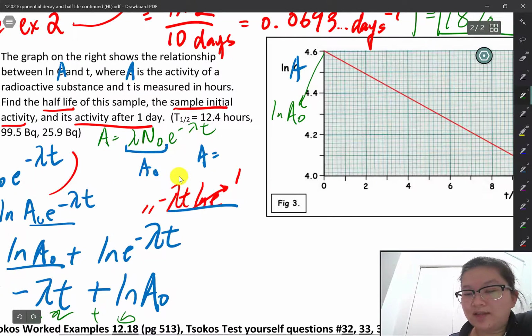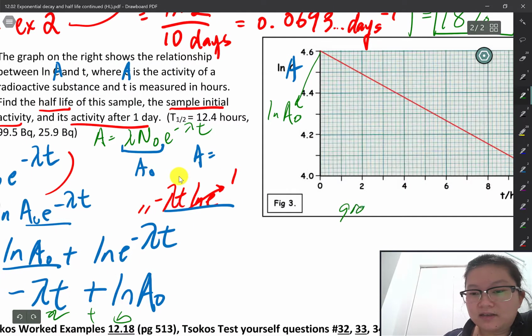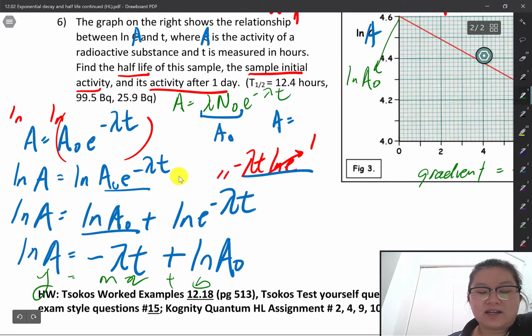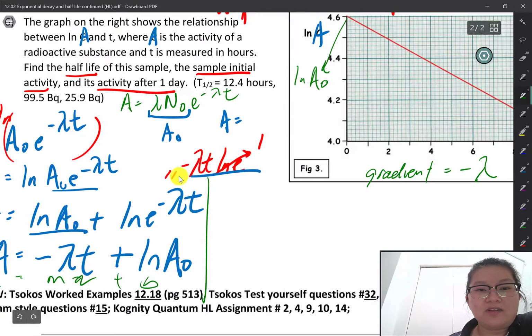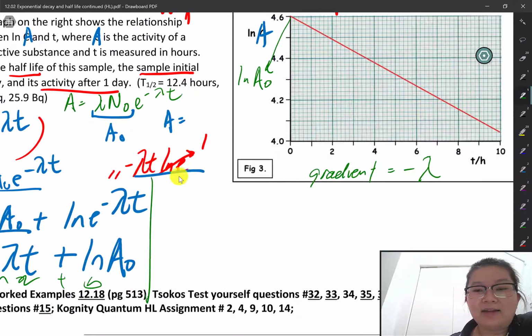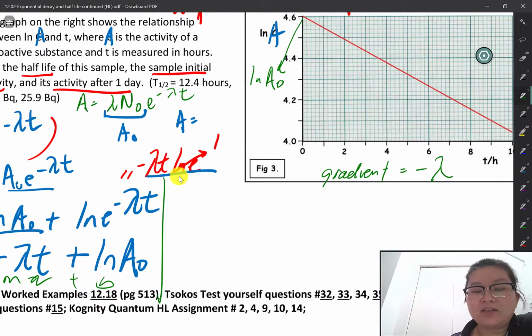We also know that the gradient is the negative of the decay constant. So it's very similar to our previous situation, okay? So now that we know that, let's solve for a few things. First of all, we can analyze the y-intercept. It's probably the easiest to do first.